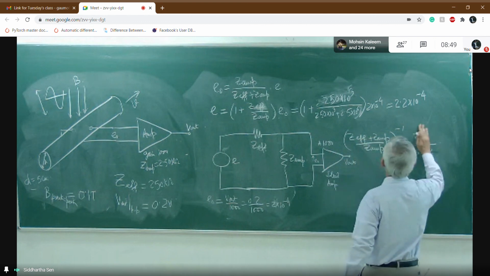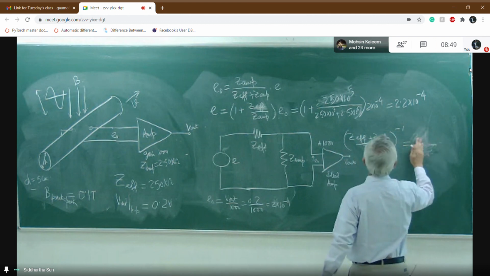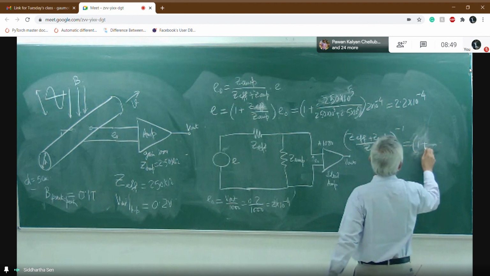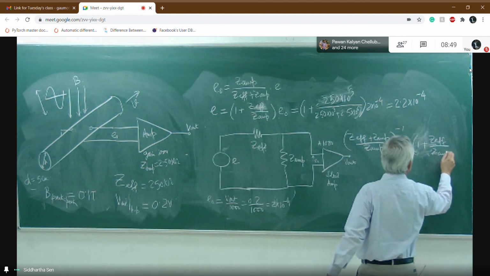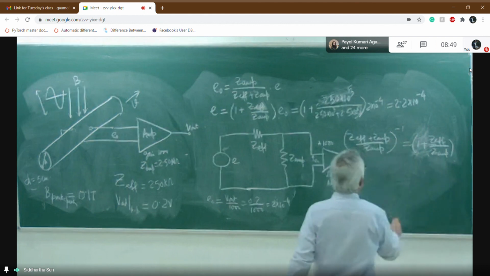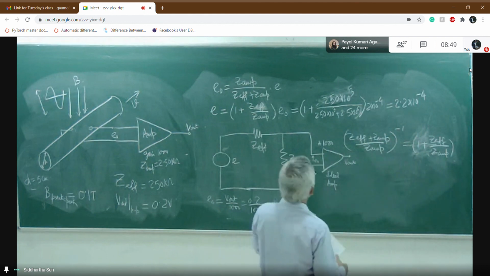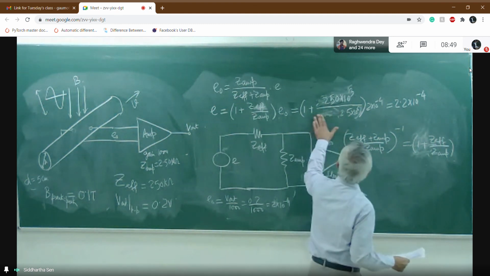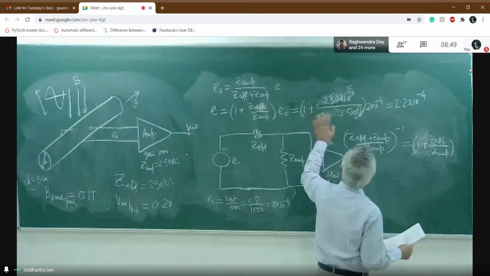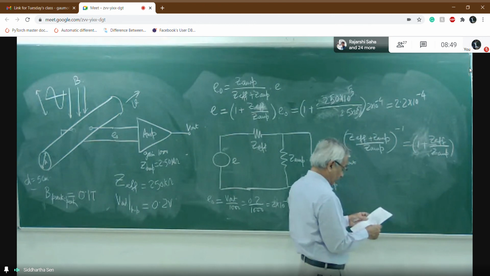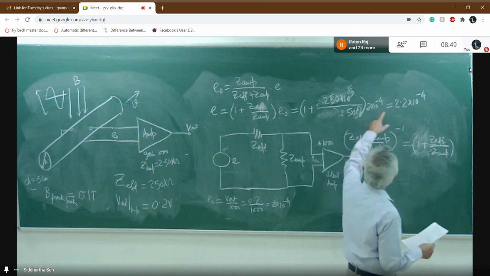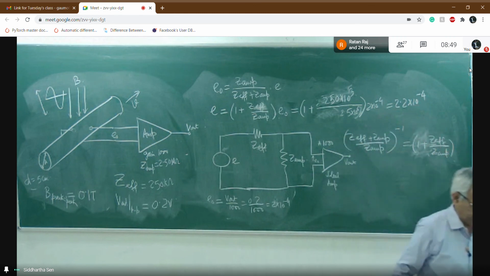So if we inverse it, what we do? 1 plus Z effluent by Z amp. That's what I am doing. Yes sir. Thank you very much. So what is the value? It is 2.2 into 10 to the power minus 4. Just check it.